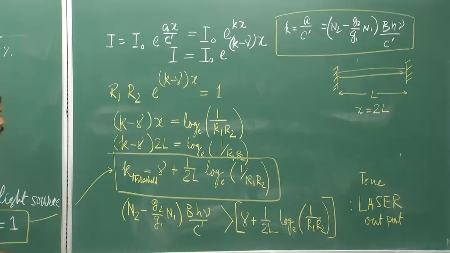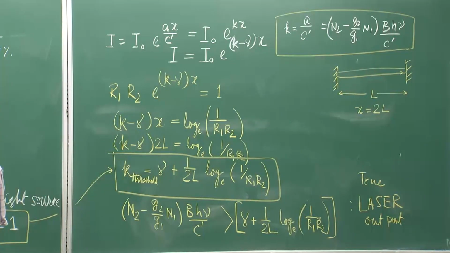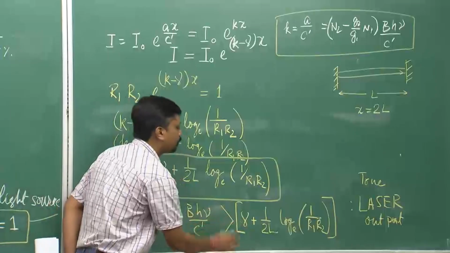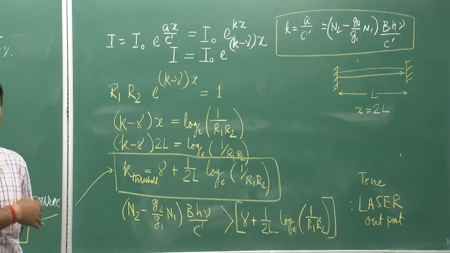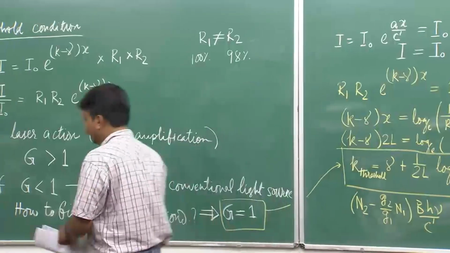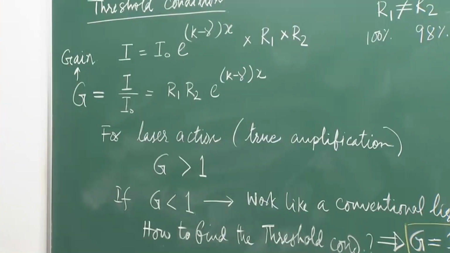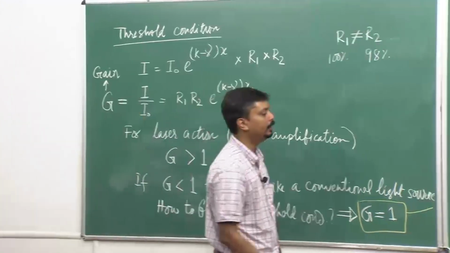If I have this value, that is the gain coefficient, less than or equal to this threshold value, I will not see any laser output. Only if it goes above this value, I get a laser output. Okay. So, this is how we get the condition for getting laser, okay, the threshold condition for getting laser.